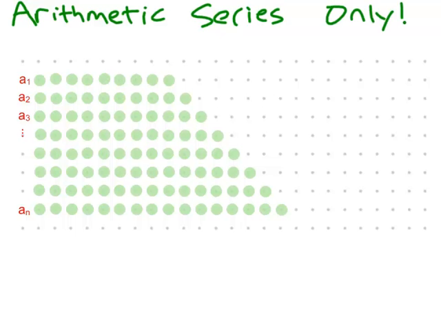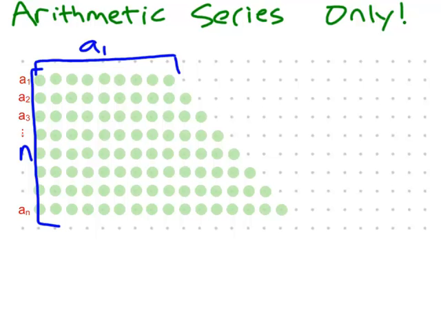All right, so the idea was that this diagram represents a series of n rows. So however many rows I have in this picture, just consider that could be any number of rows n. And we're going to let this distance right here represent the value of the first term in the series. So if that first term were 10, then I'd ask that you assume that that is 10 dots.